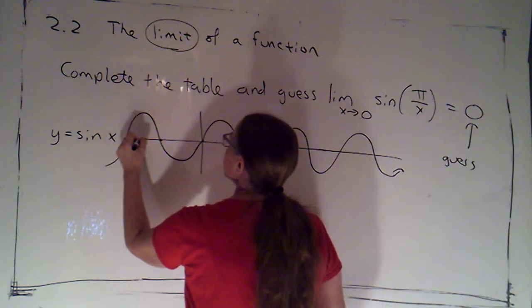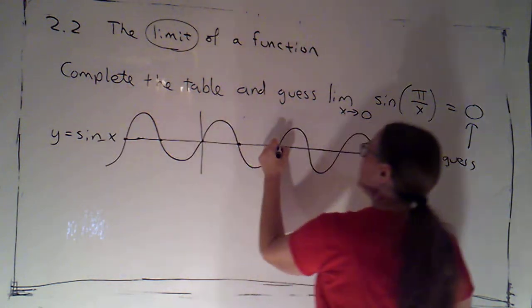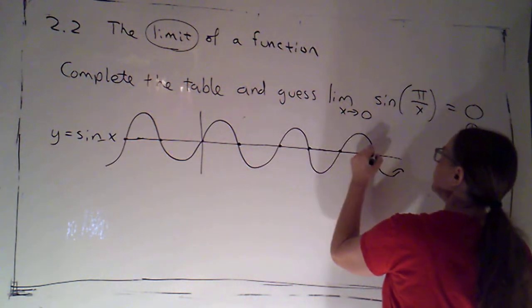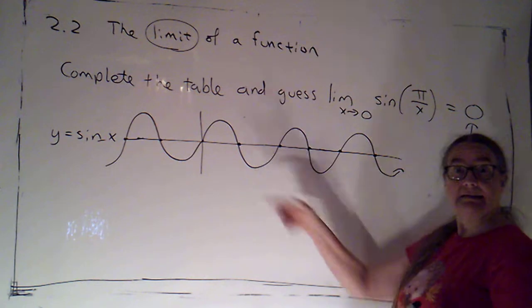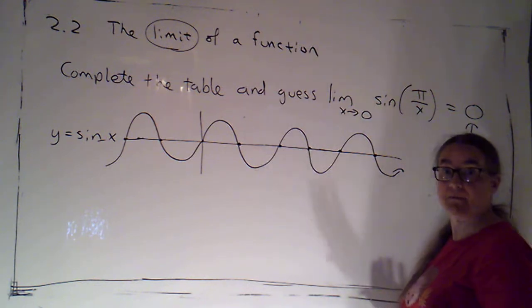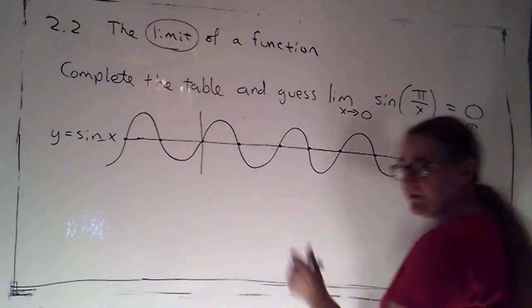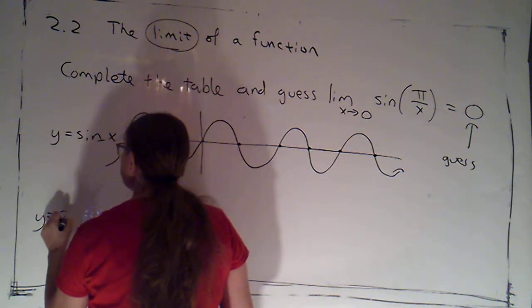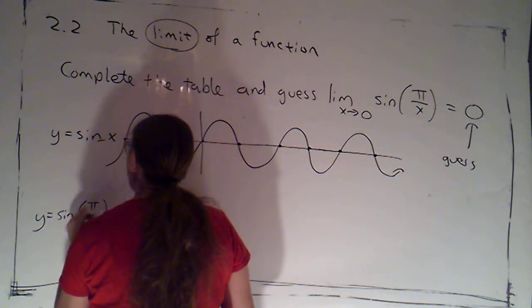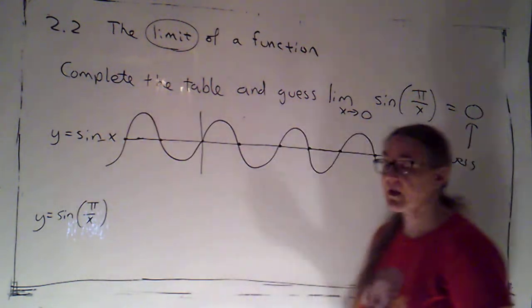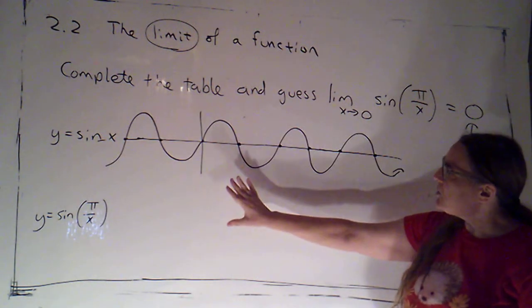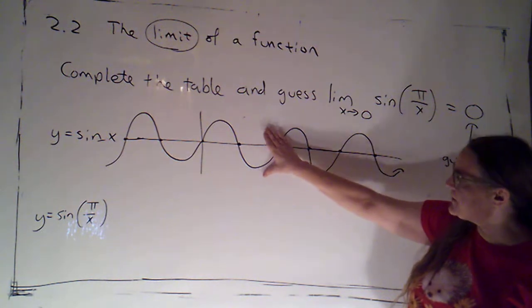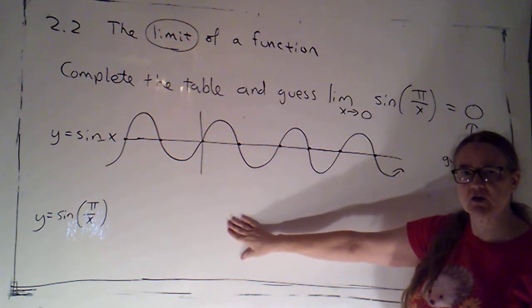Now you'll notice there are infinitely many places where sine is 0. Now this is different from the function we're working with, which was y equals sine of pi over x. But we can sort of use our knowledge of this graph to figure out what this one should look like.